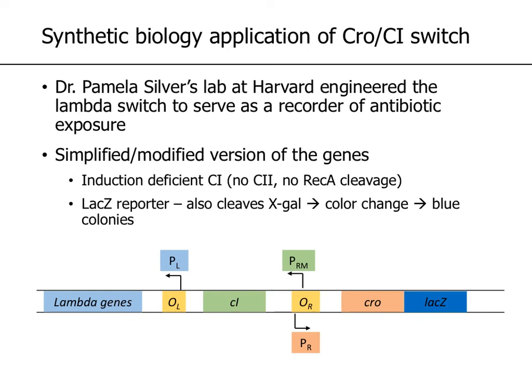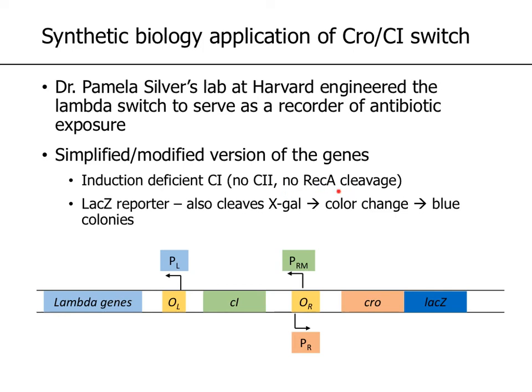So what they did is they took this CRO C1 switch and simplified it. They removed some of the genes, and they made it induction deficient, meaning there was no C2, so you couldn't induce C1 production.